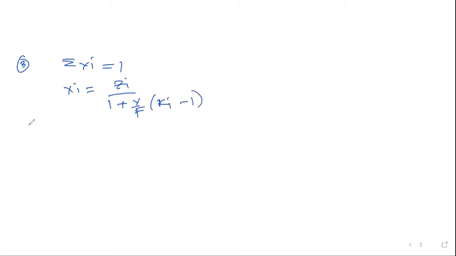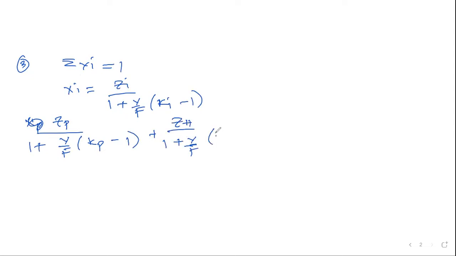Okay? So halimbawa, summation of x sub i: zp over 1 plus b over f times kp minus 1, plus zh over 1 plus b over f times kh minus 1.